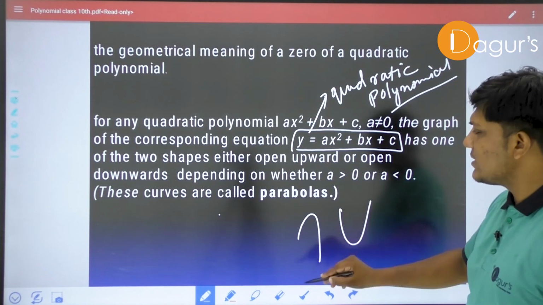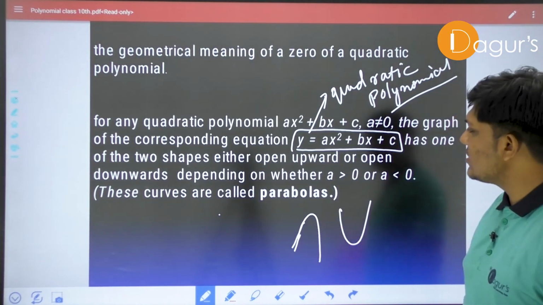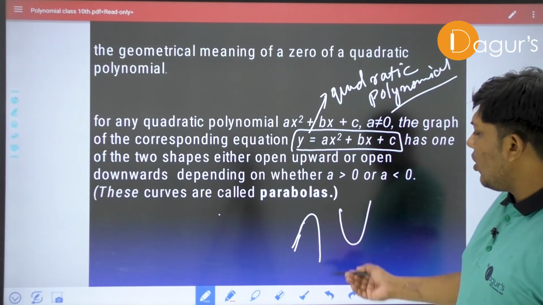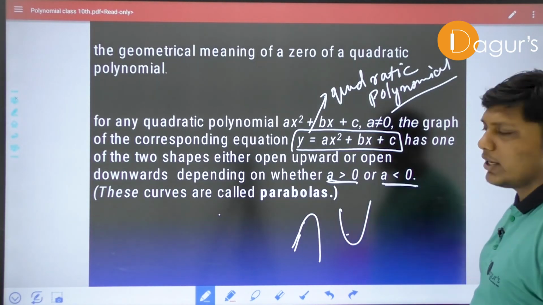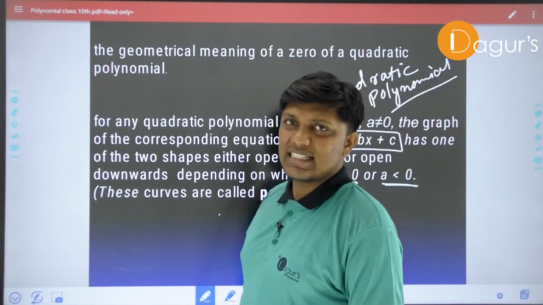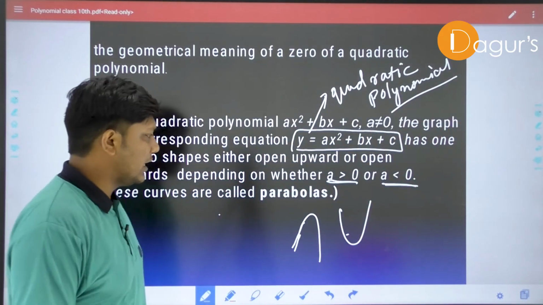This depends on whether a is greater than 0 or a is smaller than 0.